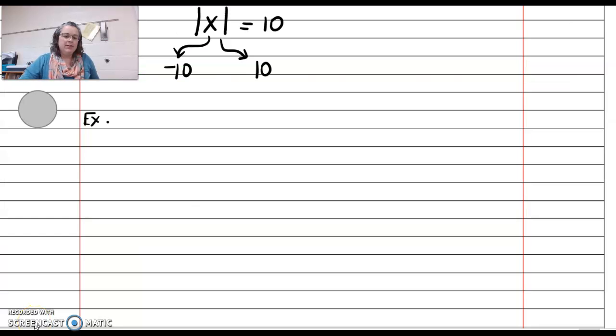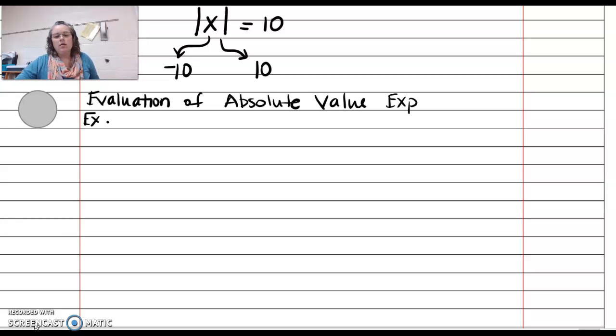Okay, so now we're going to get into some evaluating. So for example, if I ask us to find the absolute value of some number +6 and then -14, and then evaluate that when m equals 4.